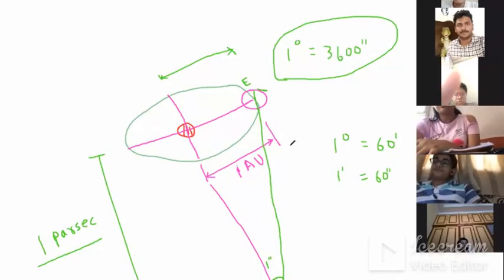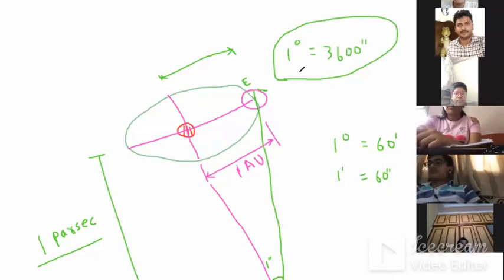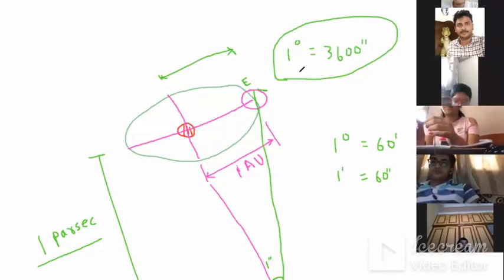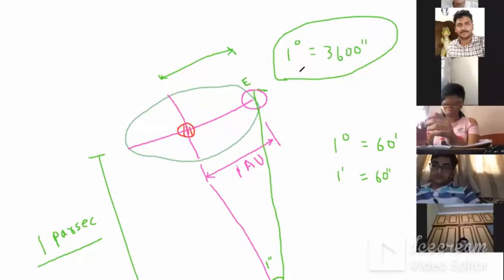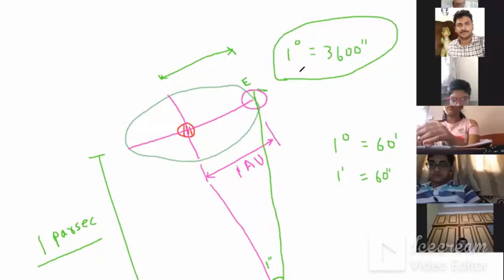Okay, does anyone have any doubt? One person is asking whether 1 degree is equal to 1 hour. No, it's not like that. See, the second and minute that we are studying here in parsec are not related to time.